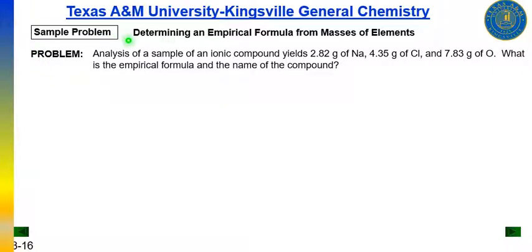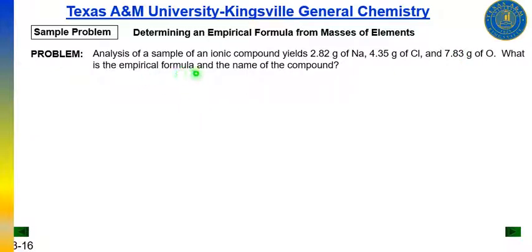Sample problem, another one. You are going to determine the empirical formula from the mass of the elements. Our problem: an analysis of a sample of an ionic compound yields 2.82 grams of sodium, 4.34 grams of chlorine, and 7.83 grams of oxygen.